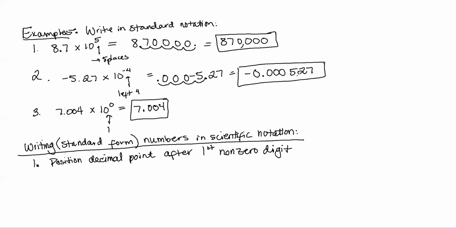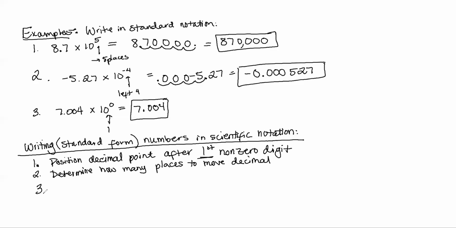And we'll see some more of those. Second thing we want to do is determine how many places we moved the decimal, or how many times we need to move it. So determine how many times or how many places to move the decimal. So like I was saying again up here, we know it has to go after the 8. Right now it is at the end, so we have to move it over 1, 2, 3, 4, 5 times. We have a 5 right here.